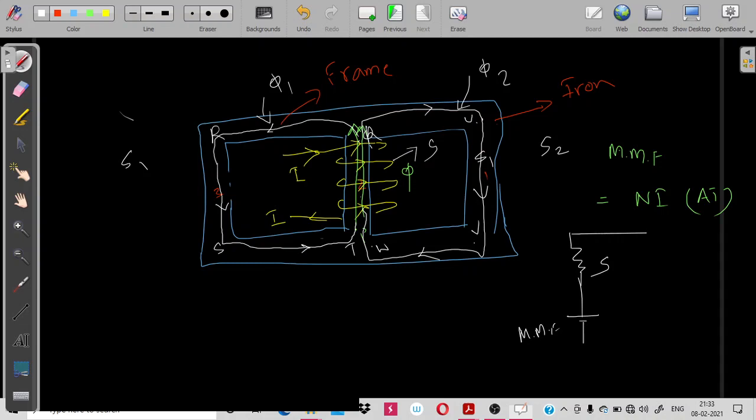The total flux phi is divided into two parts, one going to the right side and one to the left side, and it comes back to the same point. So there will be two oppositions for the flow of flux phi 1 and phi 2, a parallel combination like this.